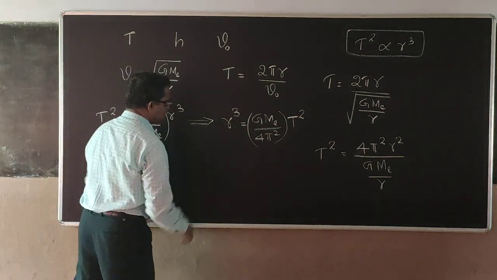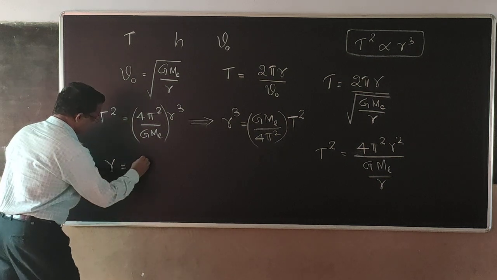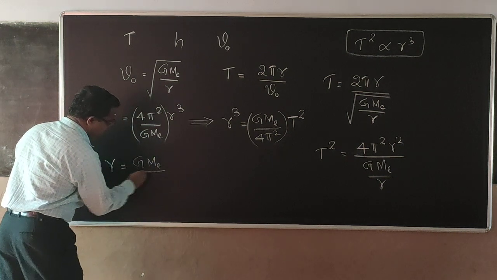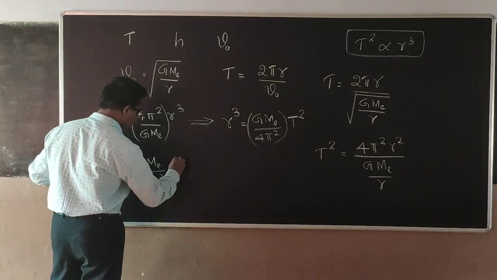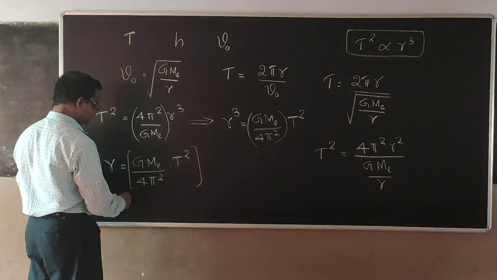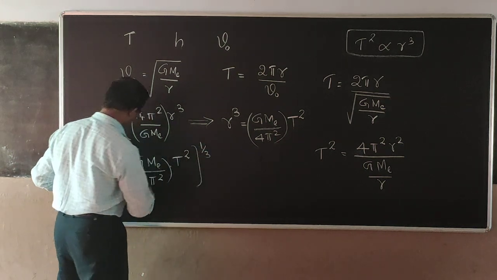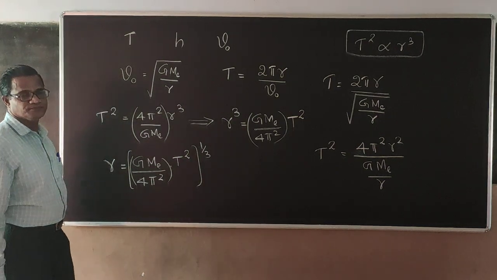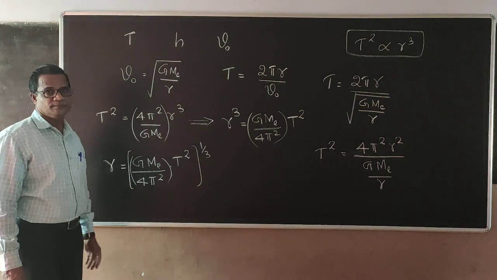Then r equals GM_E by 4π² into T², all raised to 1 by 3, the cube root of the right hand side.